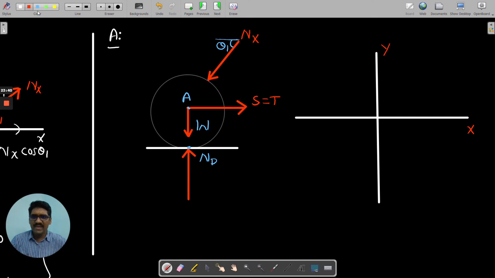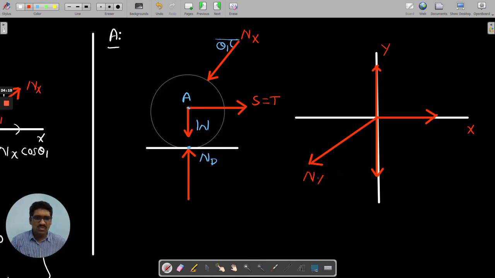So therefore, we will finally have ND acting upward. ND is acting upward. Next thing, weight is acting downward, all of you. Okay, and here we have some string tension force, and here we have some NX like this.